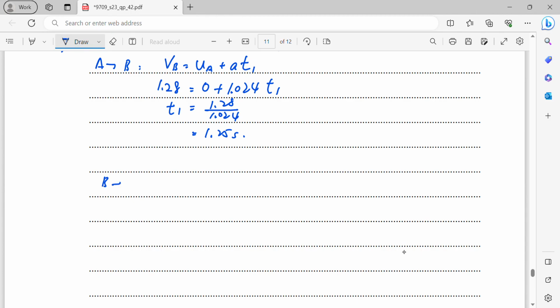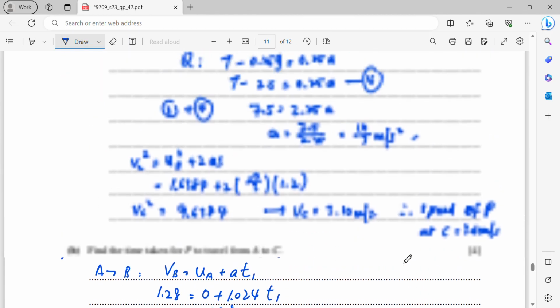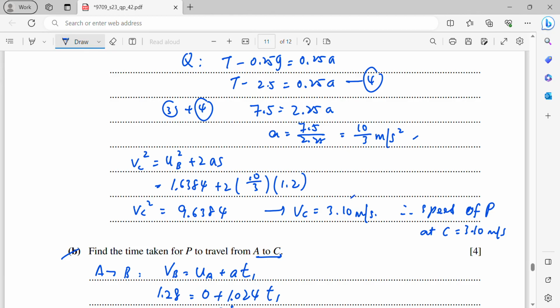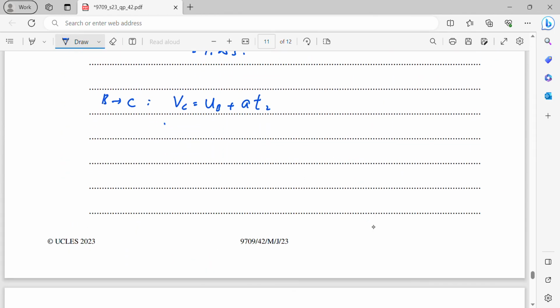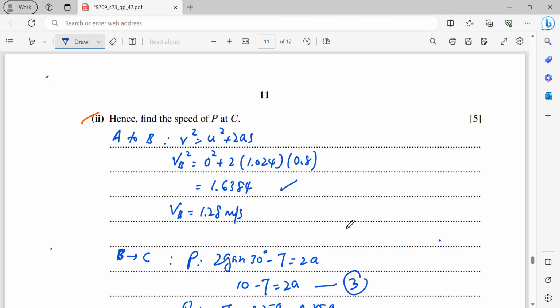So from B to C, all right? VC is UB plus AT2. The VC already found just now, which is 3.10. Okay, so from here I will find the VC correct to more decimal places first, because I'm going to use this value for the next calculation. So I will get 3.1046 equals to UB.